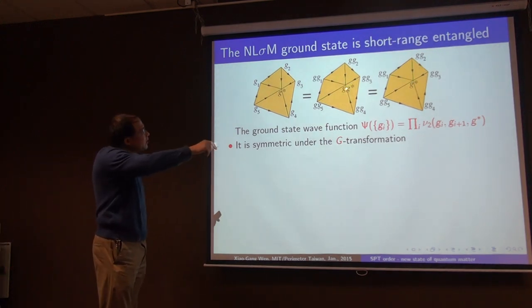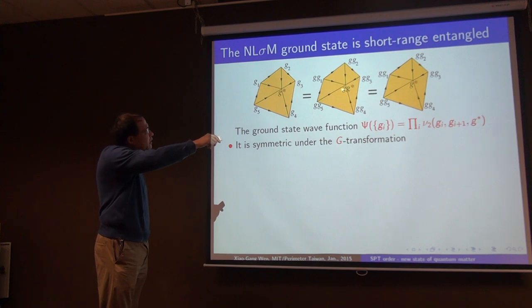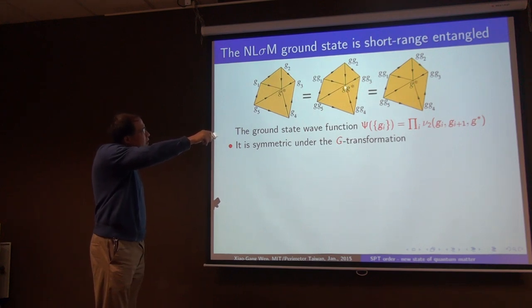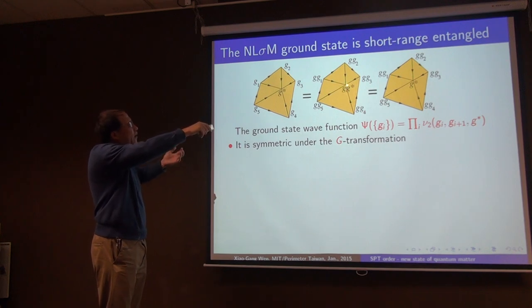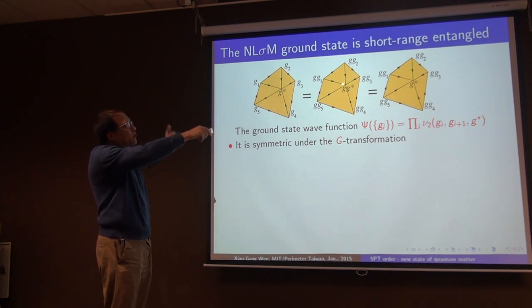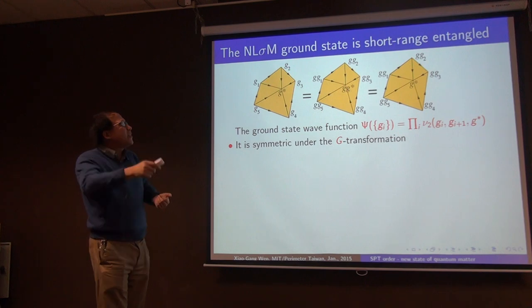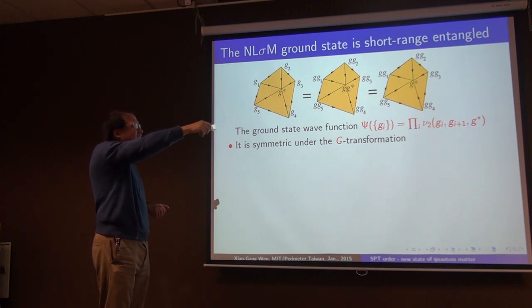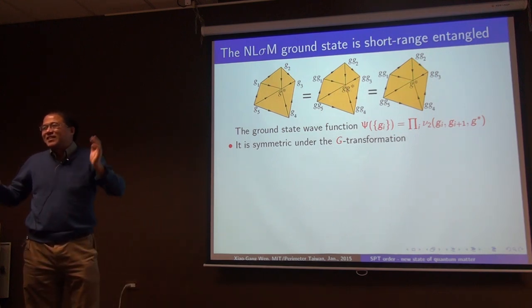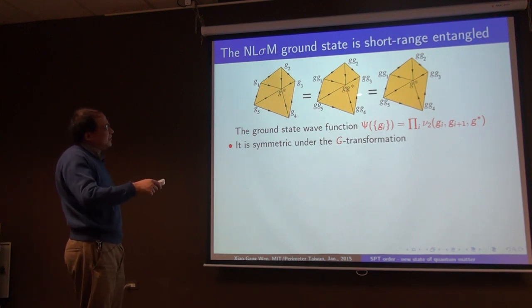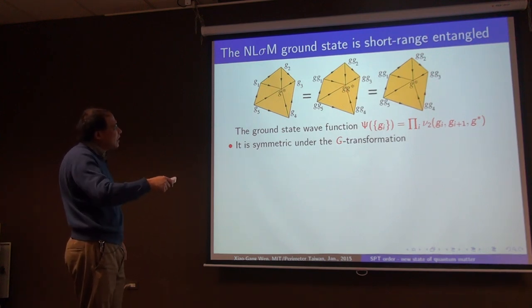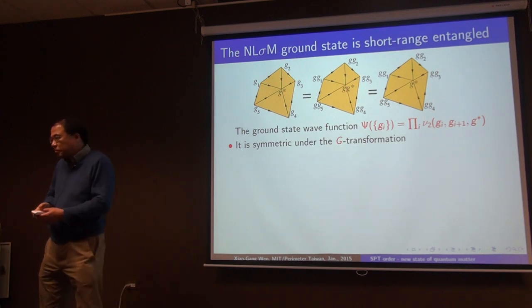Because now this internal variable is g times g star. But using triangulation we can remove this point, and then insert this point back, but with g star. And that's it, so this equals this. So the ground state wave function is automatically symmetric under g transformation.